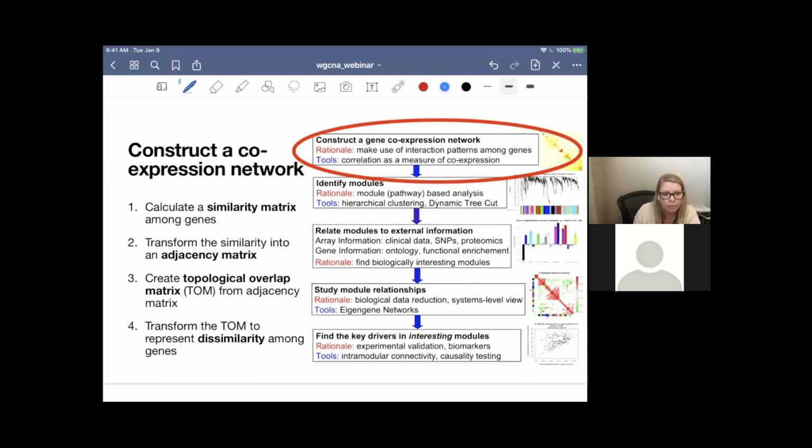We're going to start with the similarity matrix, transform it to an adjacency, transform it to a TOM, and transform that TOM to a dissimilarity matrix. That seems like a little jargon when we first say it, but we'll take you step by step through those 4 steps and tell you how they relate to this idea of scale-free networks and direct and indirect associations.